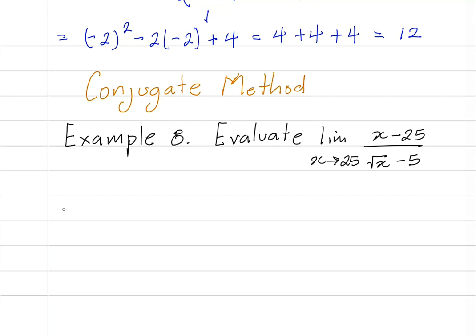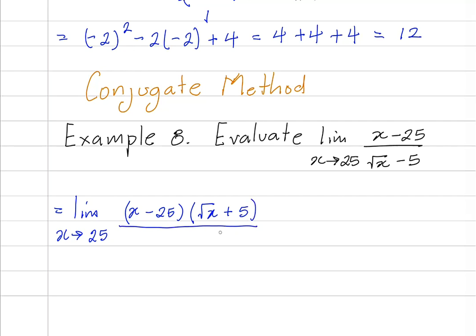So this would give me the limit as x approaches 25 of x minus 25 multiplied by the conjugate of the denominator, which is what? The root of x plus 5. And at the bottom, the root of x minus 5 times the root of x plus 5.